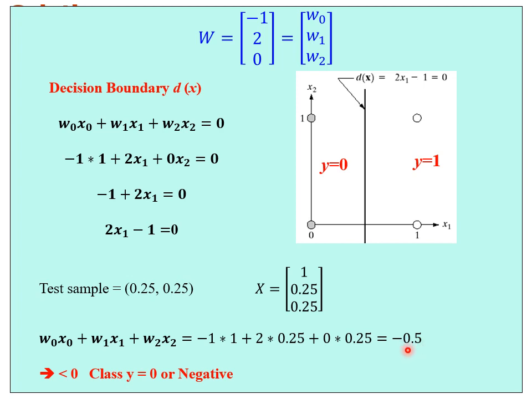So the weighted sum is less than 0, meaning y, that is the class, is negative or 0. Thus we can predict the class of the test sample presented to our learned perceptron. I hope you have understood this numerical problem that we hand coded especially to understand the perceptron learning algorithm properly.